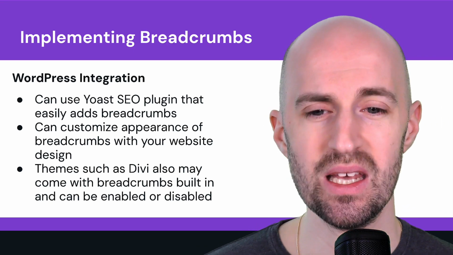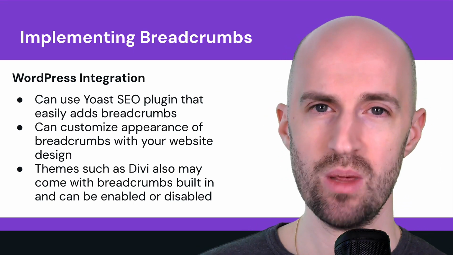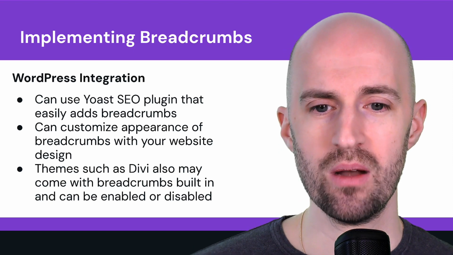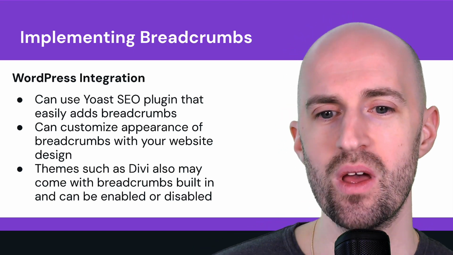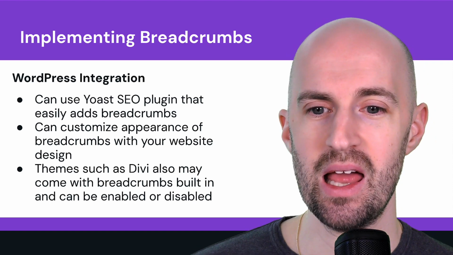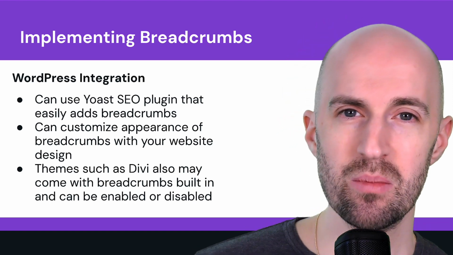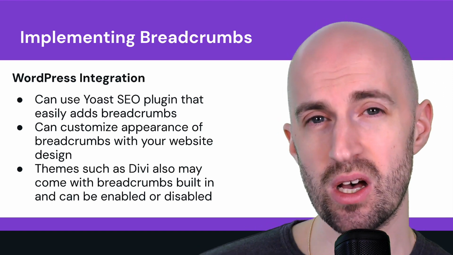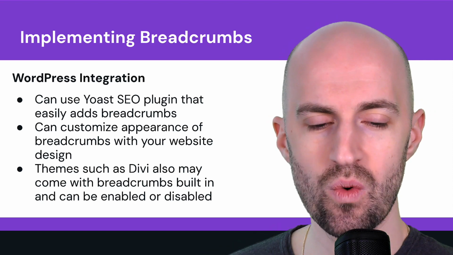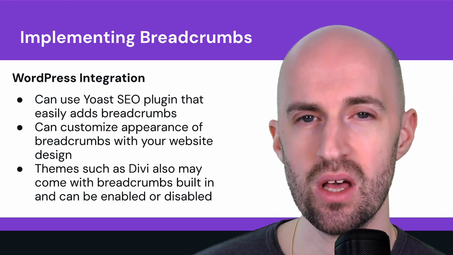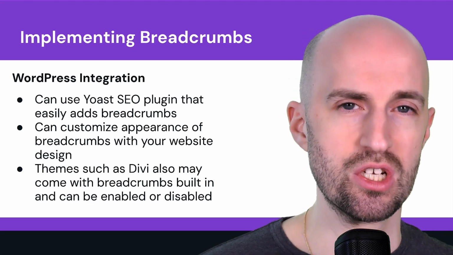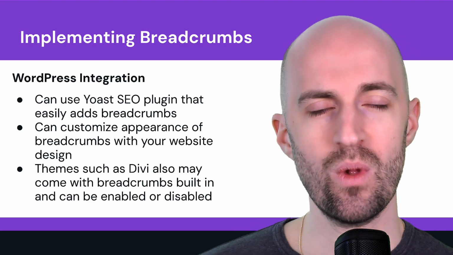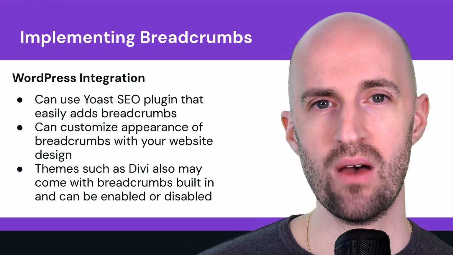Themes such as Divi, that's a really popular one, or other themes out there, might actually have breadcrumbs built in, and then you can enable or disable them on pages, and you can also customize their appearance. So it's quite easy. Other site builders like Wix or Squarespace usually have options to customize breadcrumbs as well.